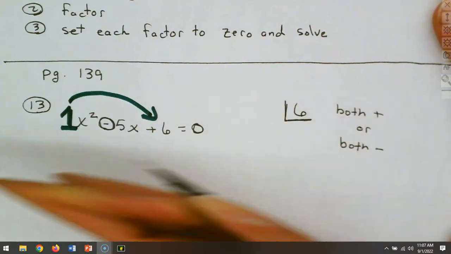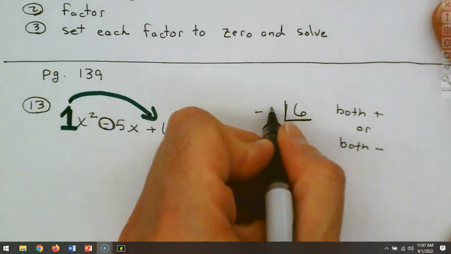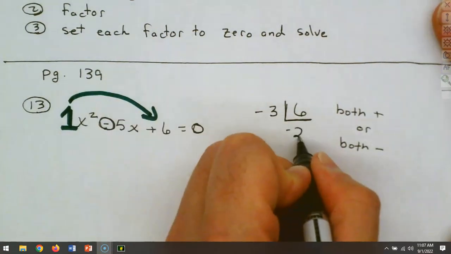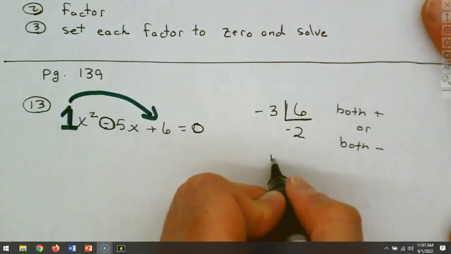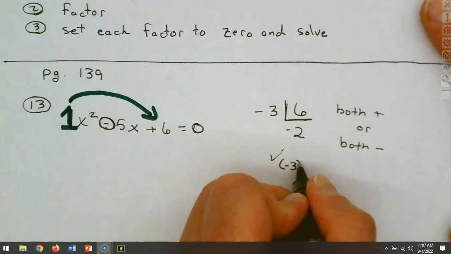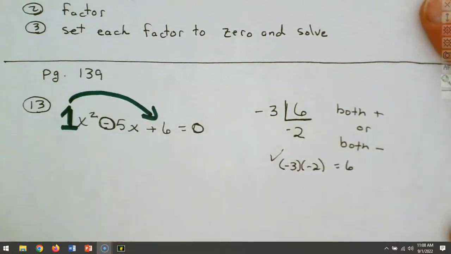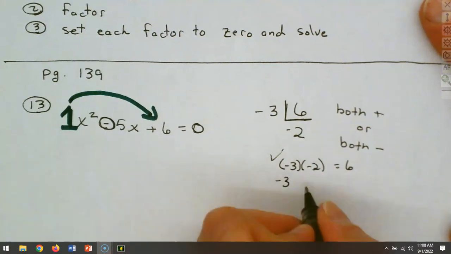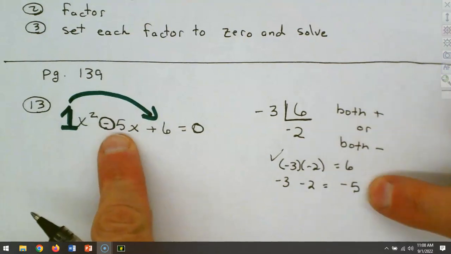Now, in this case, we know the middle's negative. And you said it correctly. We need a negative 3 and a negative 2, right? Because when you go to check, negative 3 times negative 2, that's positive 6. And minus 3 minus 2 matches with that negative 5 in the middle.